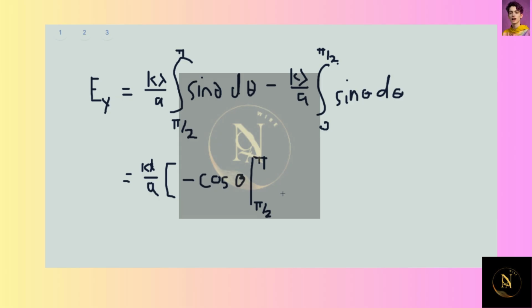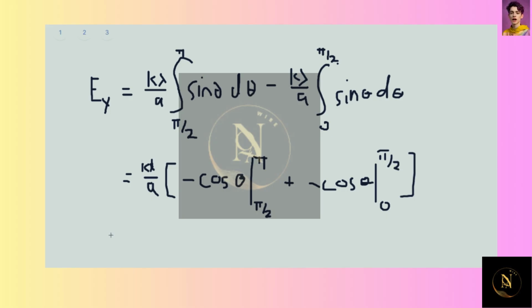I think I had the sign right in the middle there. This should be plus, actually. Plus minus cosine theta, not minus minus cosine theta. Sorry about that. 0 pi over 2.